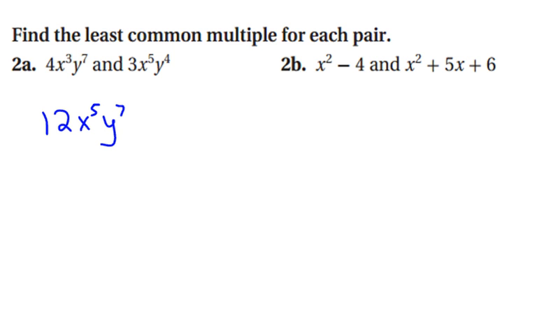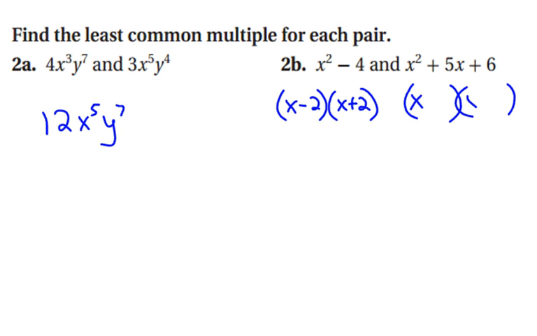In the next example, we have x squared minus 4, which is the difference of two squares. So we write the two factors that make up x squared minus 4. And then we want to factor x squared plus 5x plus 6. So we have an x, and a 3 and a 2, and a plus. Those are the factors of x squared plus 5x plus 6.